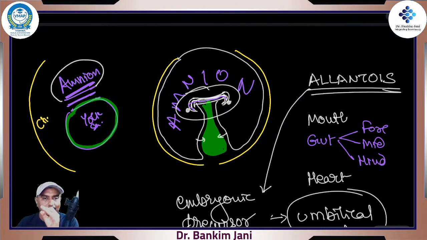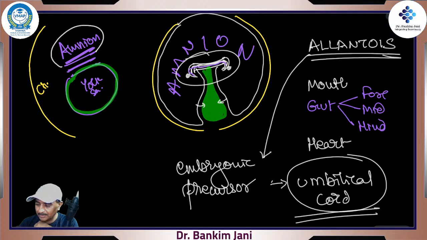So what allantois is? Allantois is nothing but a small protrusion in the yolk sac, right? If I really want to add that part, I could draw it something like this. I'll use the green color only. It would be a small protrusion like this.